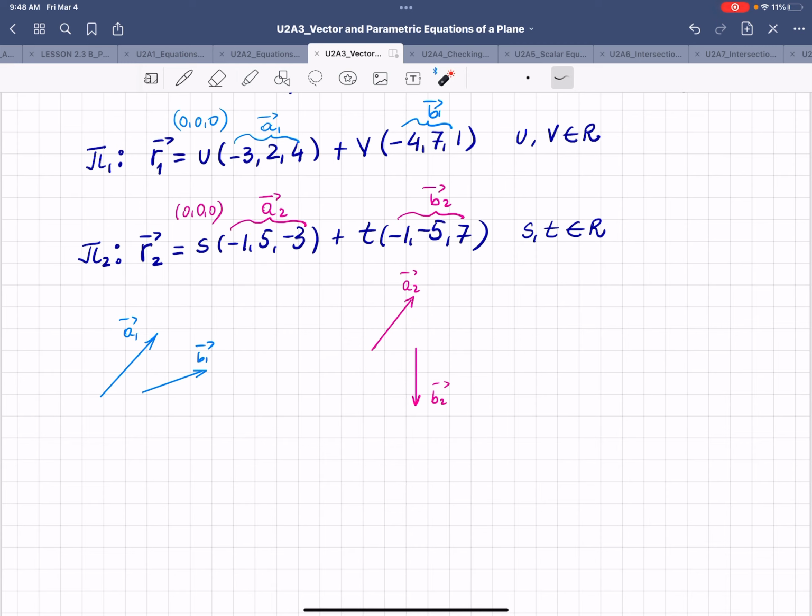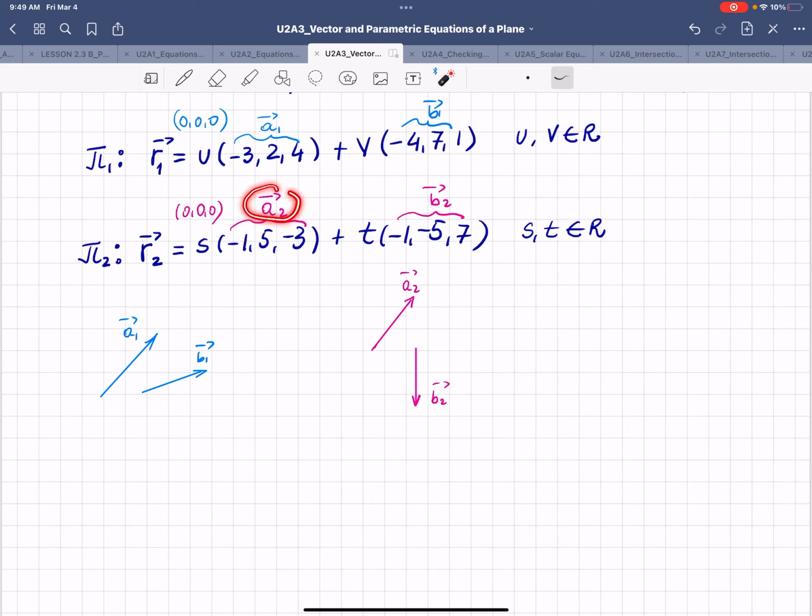So in simpler words, if the coordinates of any of the direction vectors from the second equation satisfy the first equation, it means that this direction vector will fit into this equation, which means that it will lie on the same plane as A1 and B1.